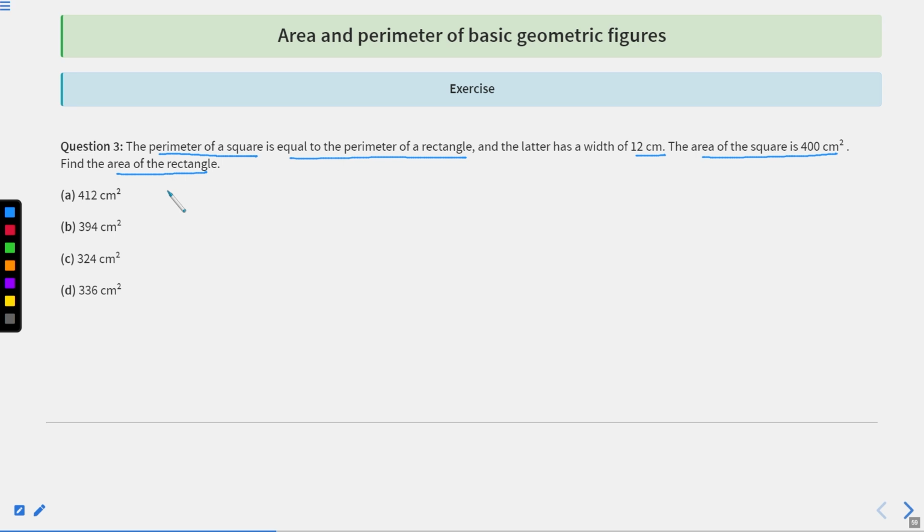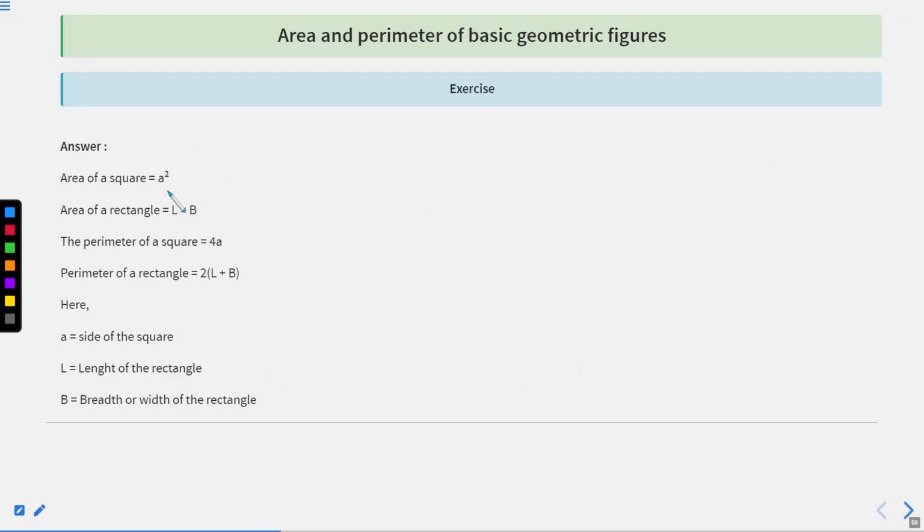So let's see how do we do this. So let us first recall the formulas. The area of square is given by a square, where a is the side of the square. Area of rectangle is given by length into breadth, where L is the length of the rectangle and B is the breadth, or we can say width of the rectangle.